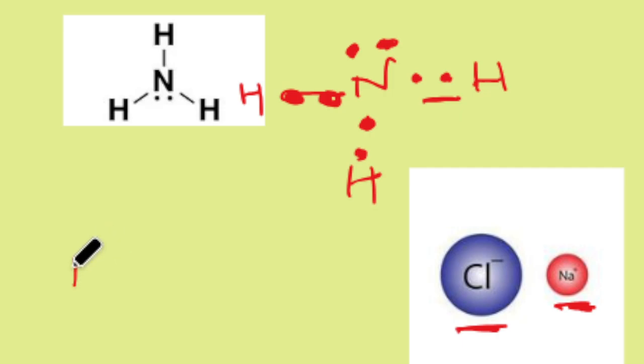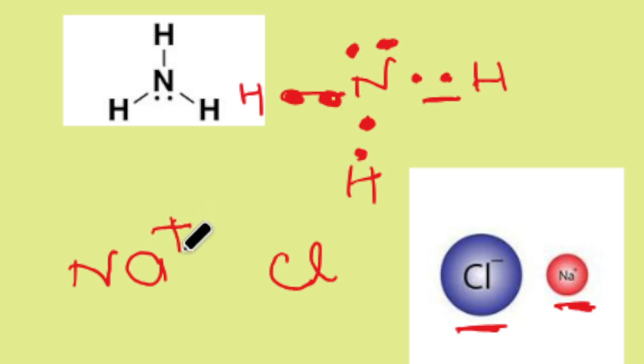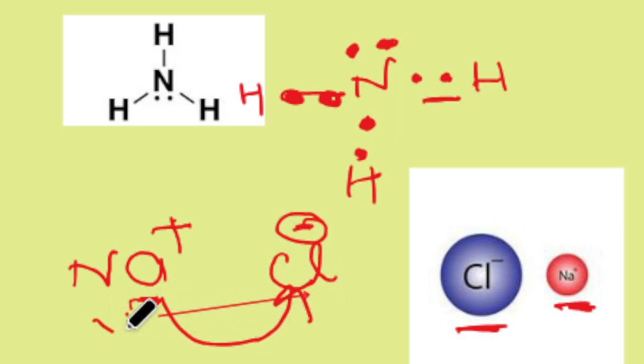In the formation of NaCl, sodium gives one electron and chloride accepts it. So the electron is given by sodium to Cl, and they make sodium chloride. That type of bonding is ionic bonding.